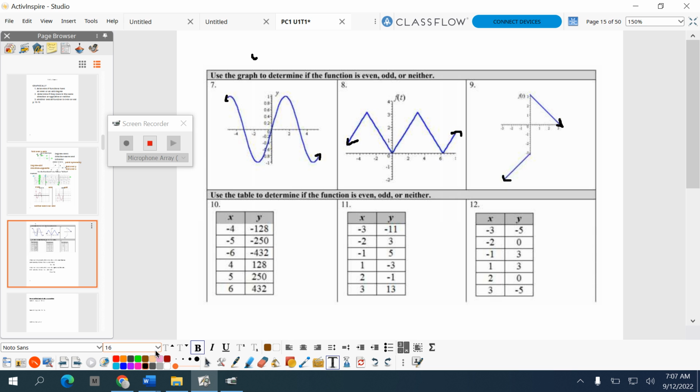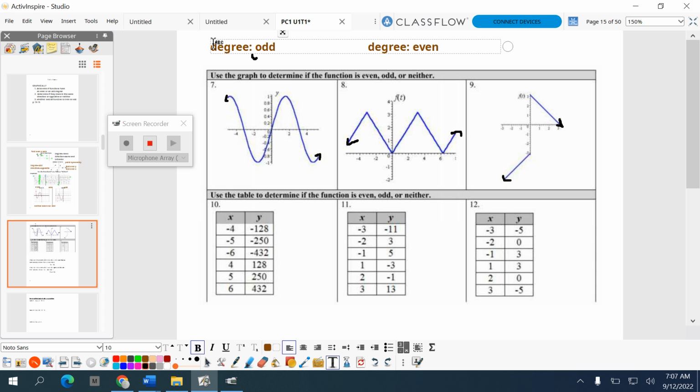And we're going to make this a little bit smaller here. So the degree is odd. Okay. Number 8 looks like the degree is even, because they move in the same direction.